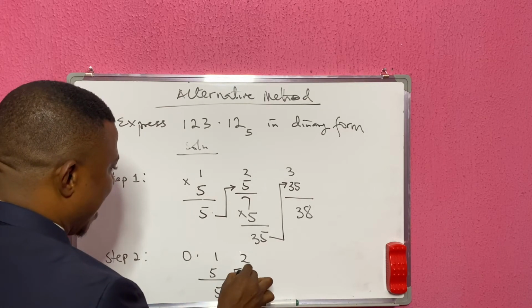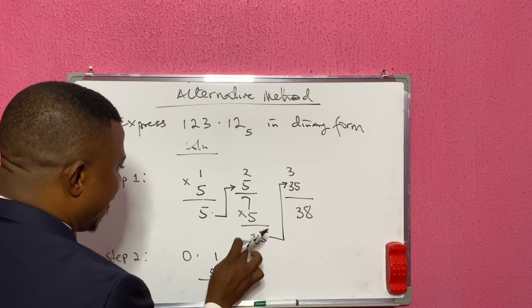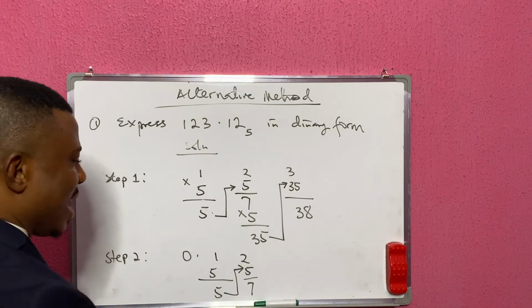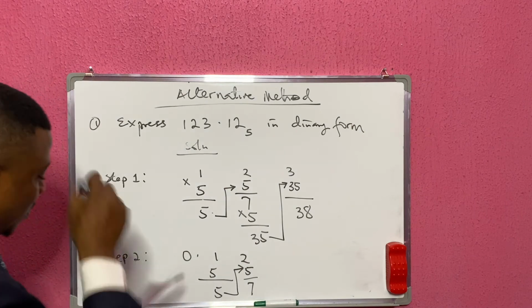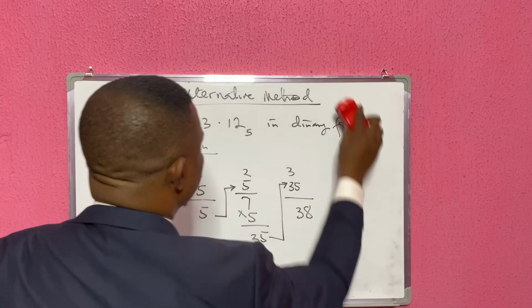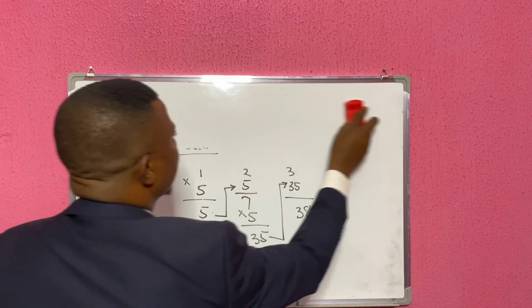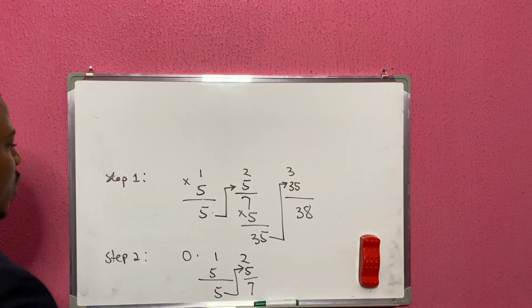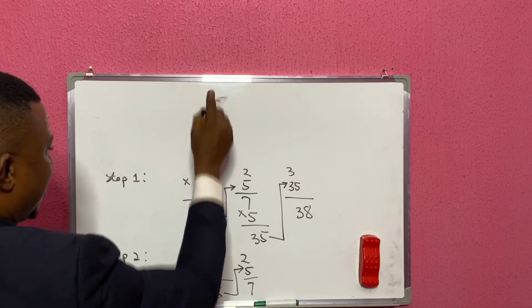Then bring it here. 5 plus this gives us what? 7. Now that you have 7, you write 7 multiplied.